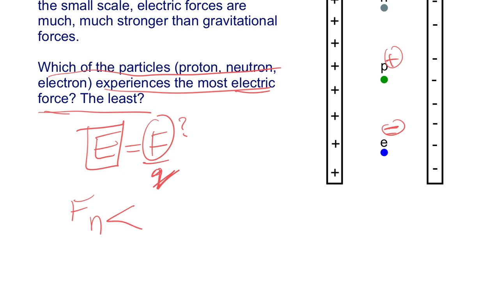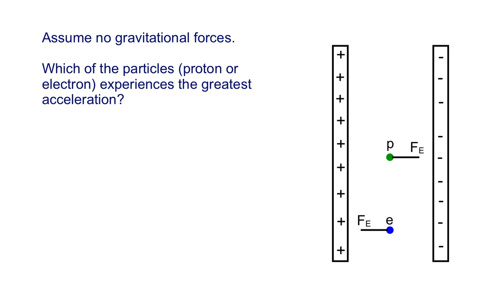So one's plus one, one's minus one. Now I can change that to coulombs, but why? No need. So that means the force on the electron, because of the field, would be equal to the force on the proton in the field.